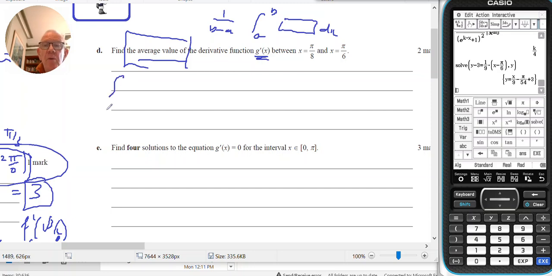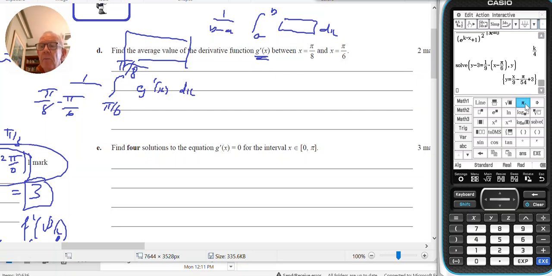So I want the integral from pi on 8 to pi on 6 of g dash of x dx, over pi on 6 minus pi on 8. So pi divided by 6 minus pi divided by 8, it's the larger one minus the smaller one.